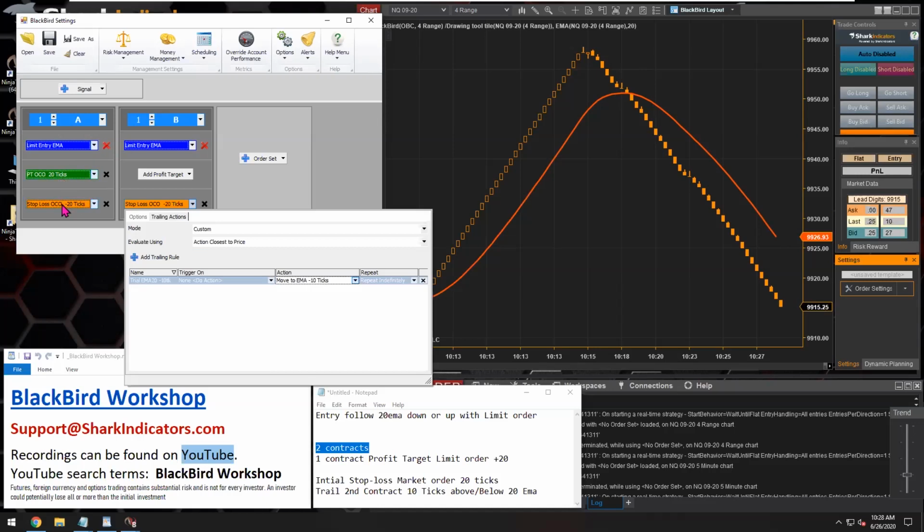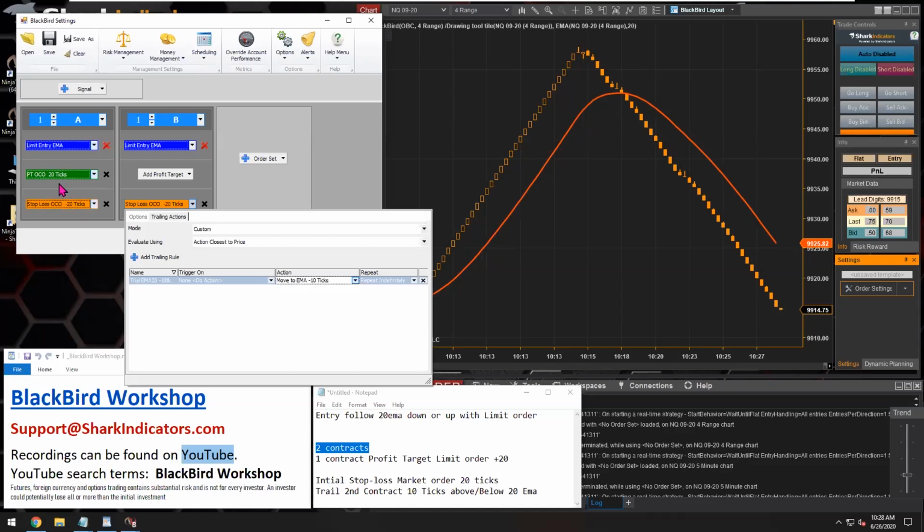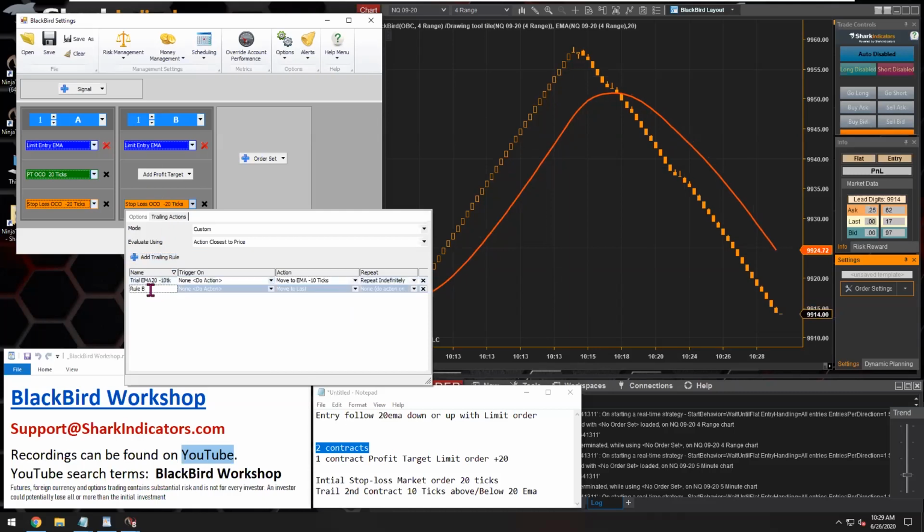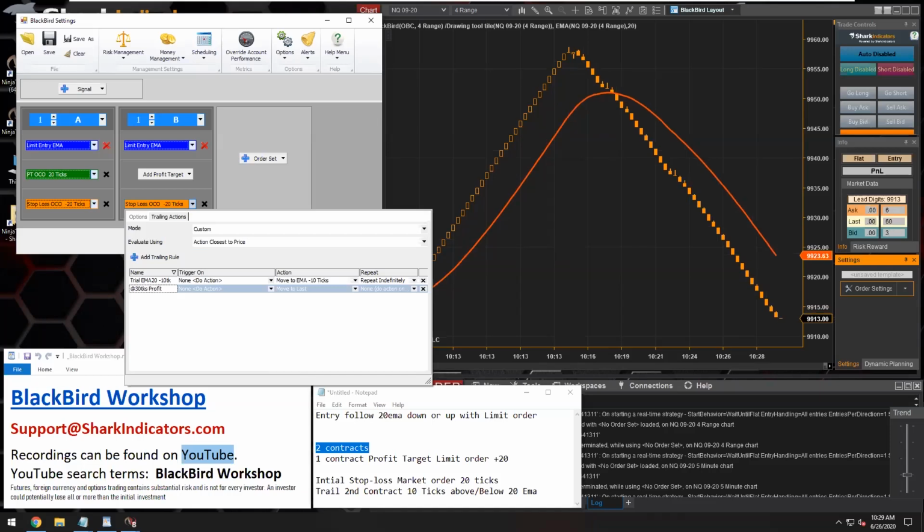If you're waiting for 30 ticks of profit, then obviously the answer is no, because your profit target of 20 ticks is going to be hit before you get to 30 ticks of profit. So that means we only need to add that stop loss trailing rule to the second order set here, right? So we're going to add another trailing rule here, and then at 30 ticks of profit, we're going to trail by 10 ticks.